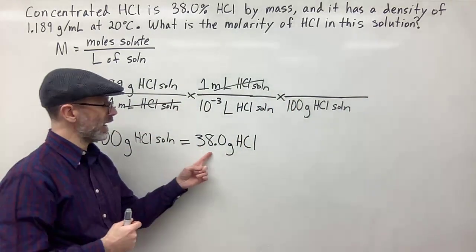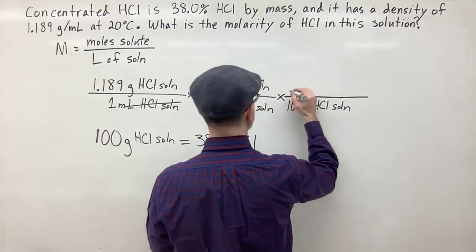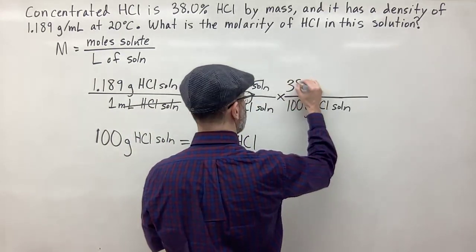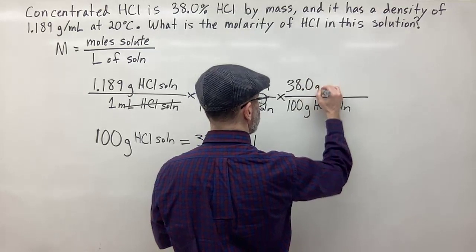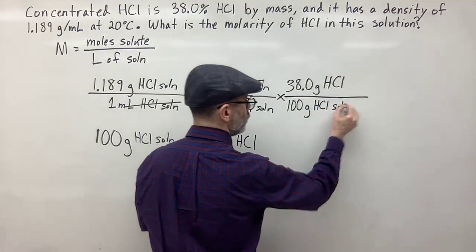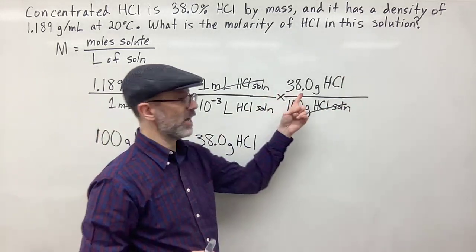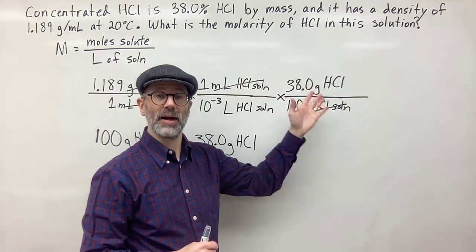And then 38.0 grams of HCl on top. So now the grams of the HCl solution cancel out, and now I have grams of HCl on top.